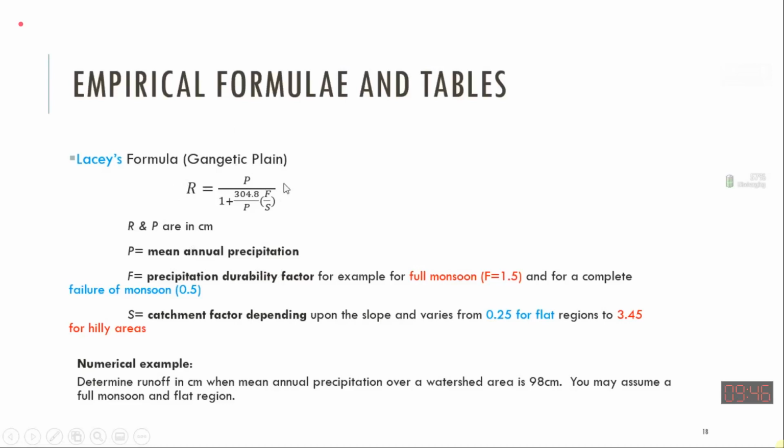Lacey developed a formula for the Ganges plain. He said that runoff depends upon precipitation and also the type of the precipitation, a duration factor F of the precipitation, and the catchment factor S, which depends upon the type of the catchment, its slope, and physiographic features. So F takes care of the precipitation characteristics, and S takes care of the physiography. He proposed that this is good for Ganges basin catchments.